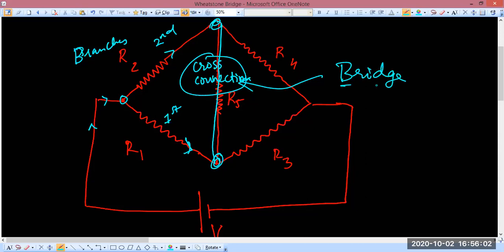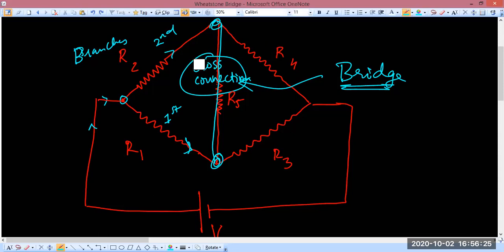This whole circuit is called Wheatstone bridge, right? Because it has a bridge in it. So this cross connection is what is called a bridge. Clear? So that's why this whole thing has a name Wheatstone bridge.